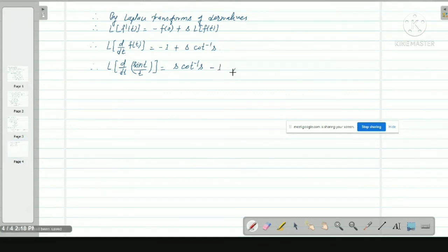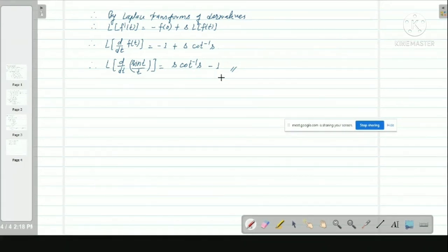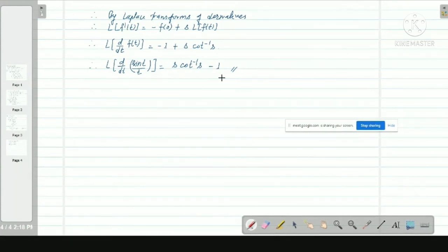So this is your required Laplace transform of the given function. I hope you understood. It is very easy, don't be afraid. Whatever you don't understand, I will tell you, no tension.